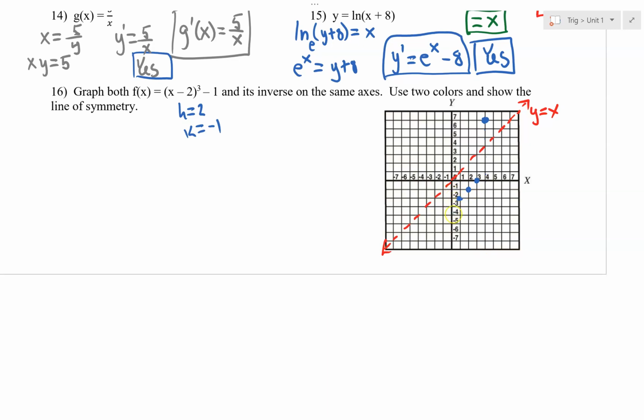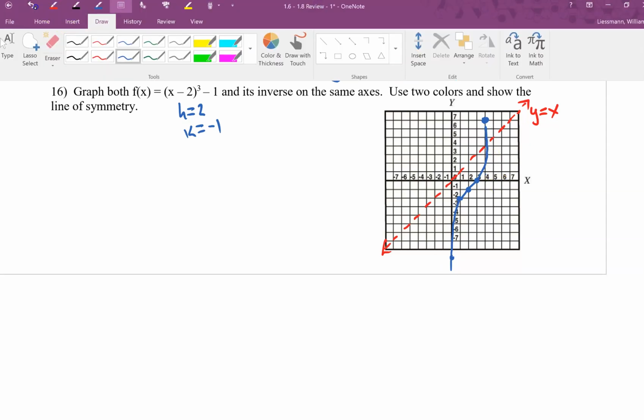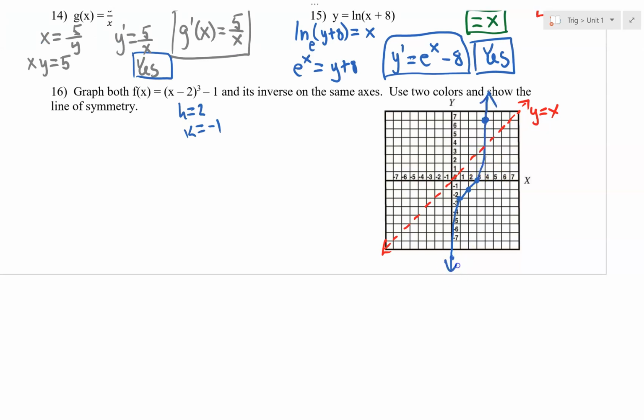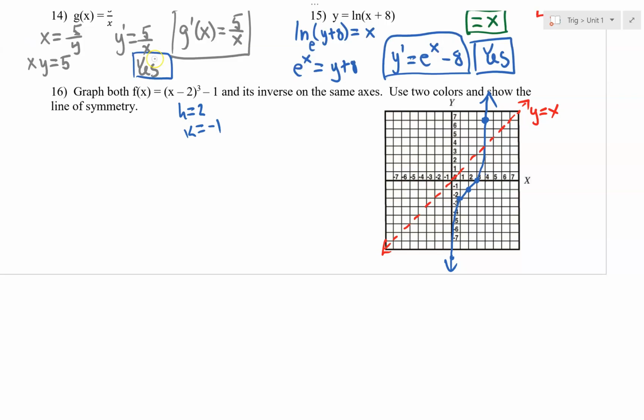So 1, 2, 3, 4, 5, 6, 7, 8. Puts me just off here. This thing is going to be doing something like this. Don't want to cross over that line, so I want to make sure I draw this correctly. It's going to just be skinny up through here and do this. Something like that.